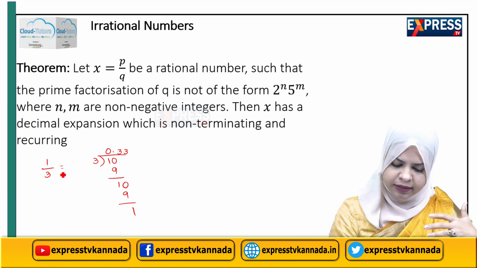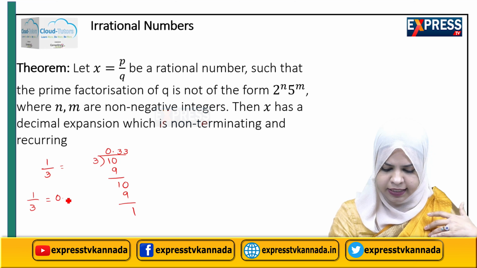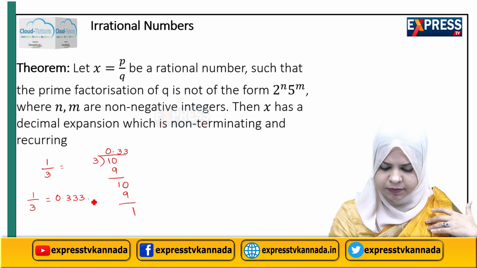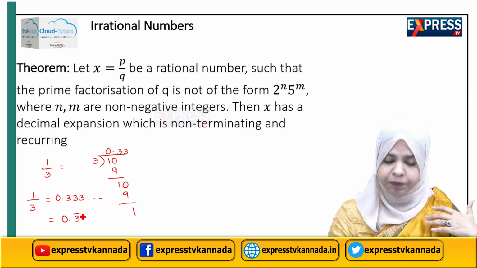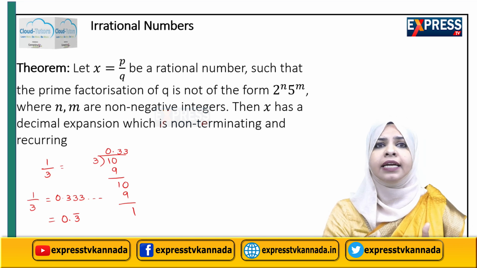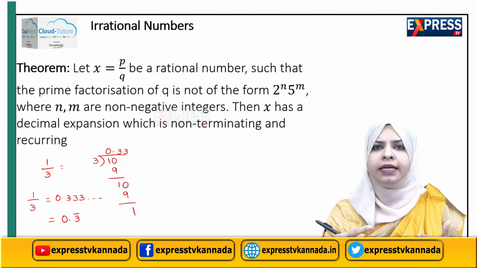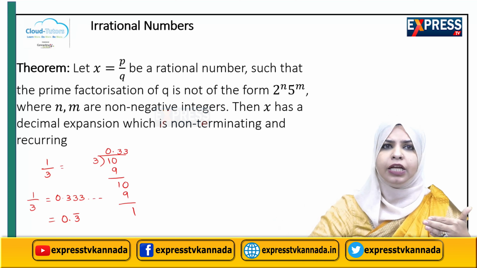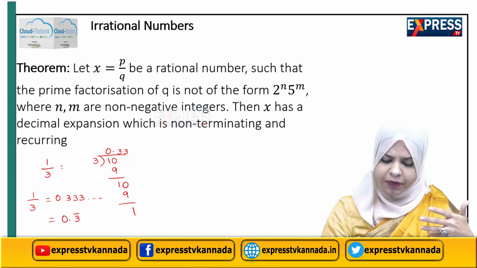So 1 by 3 can be written as 0.3333, or this can be written as 0.3 bar, and we can see that it is non-terminating, but it is recurring. So it is constantly recurring, but it is not terminating. Therefore I can still say that it is a rational number.